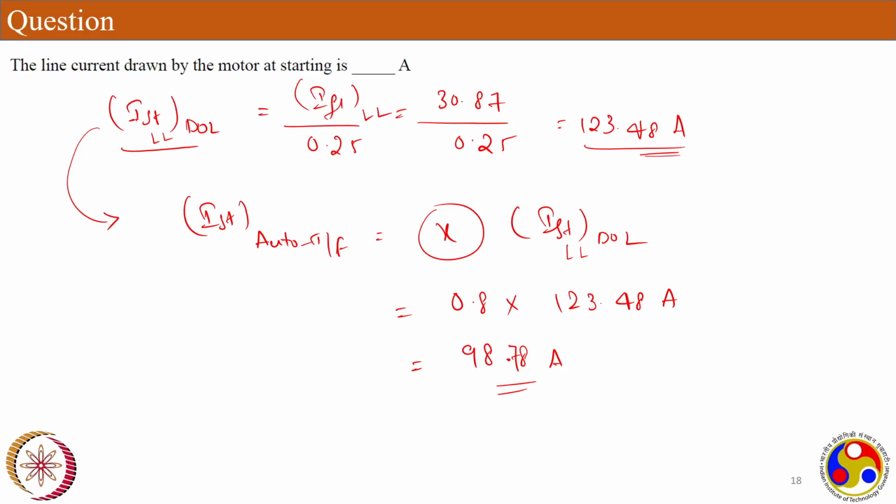The question is the line current drawn by the motor at the starting. IST line machine, it was asking. IST line machine would be root 3 times. Suppose it is asking the current drawn from the auto transformer to the motor; another is the current drawn from the line to the auto transformer.